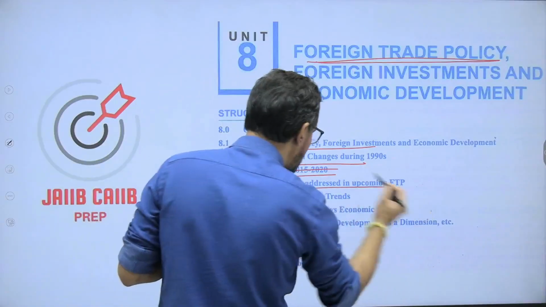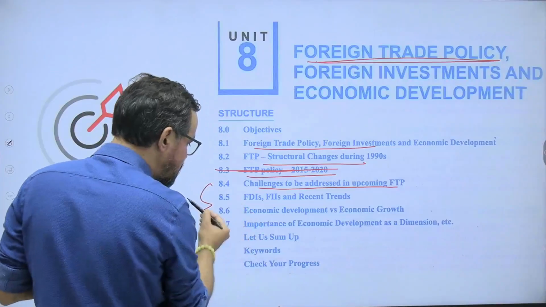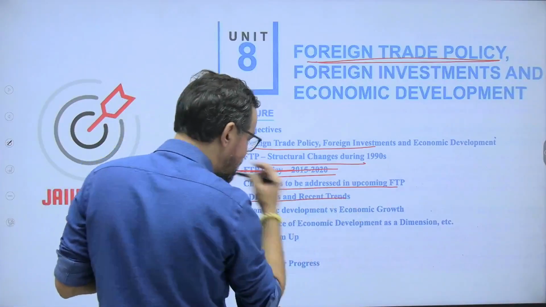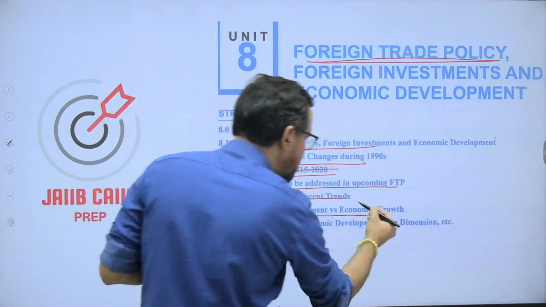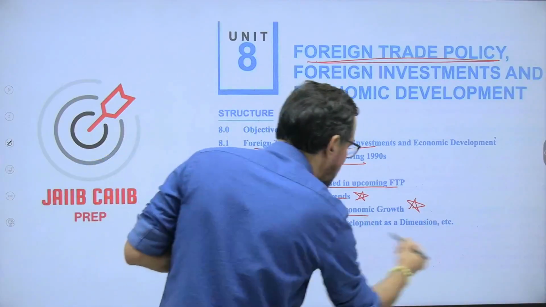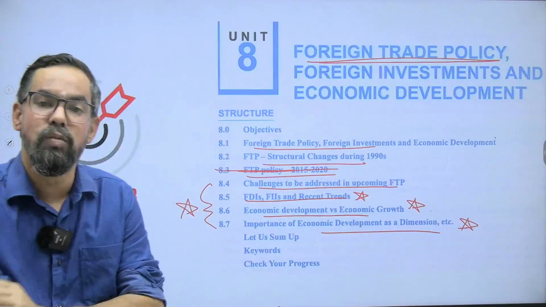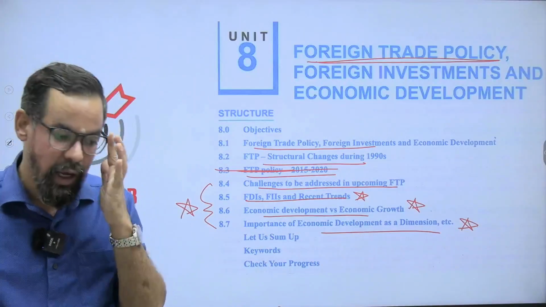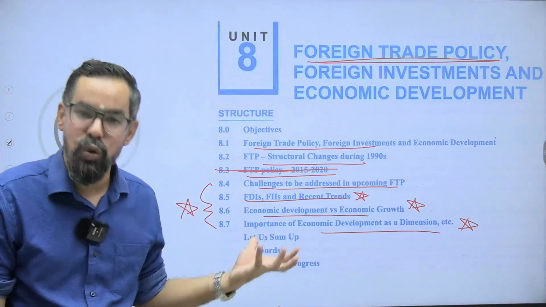Challenges to be addressed in the upcoming years, FDI, FII's recent trend, economic development versus economic growth, these subtopics are very, very important. The importance of economic development as a dimension, so the last three subtopics are most important, again a 1 mark question, and sometimes it can be for 2 marks also.